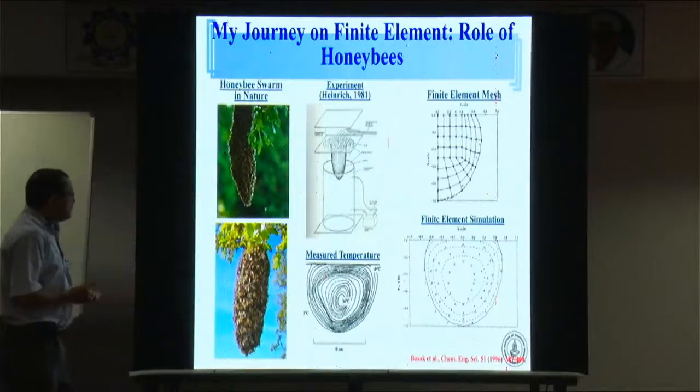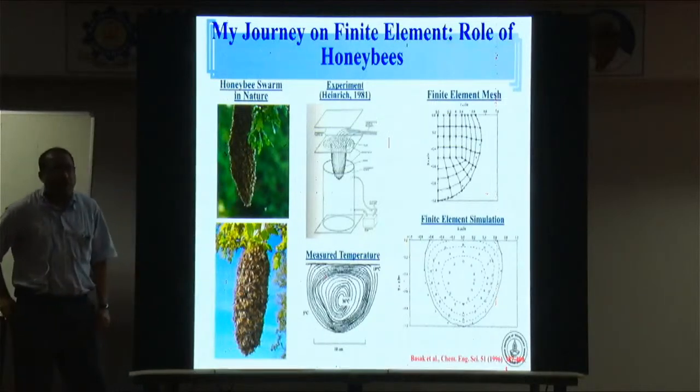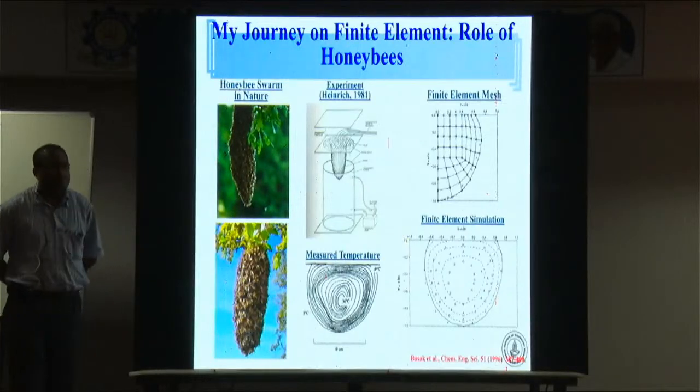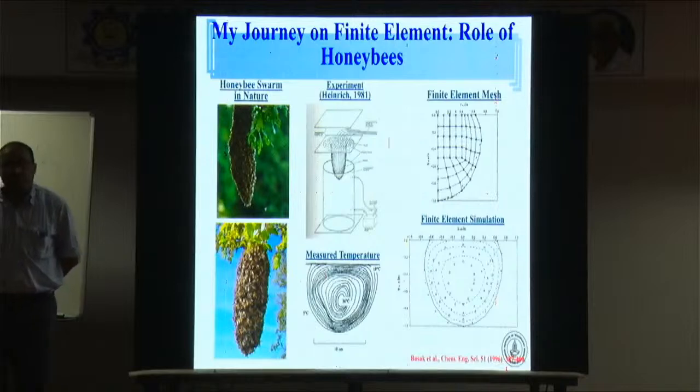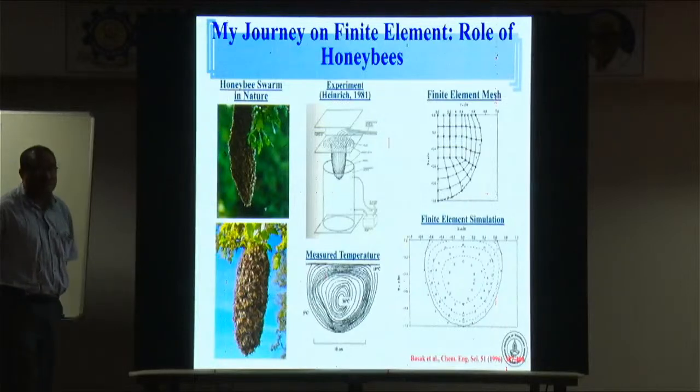And having said that, you can see that this is like a honeybee. Why honeybee? In North America, I felt very cold temperatures when I was at the University of Massachusetts Amherst during 1999-2000. I had noticed temperatures of minus 30 degrees centigrade.